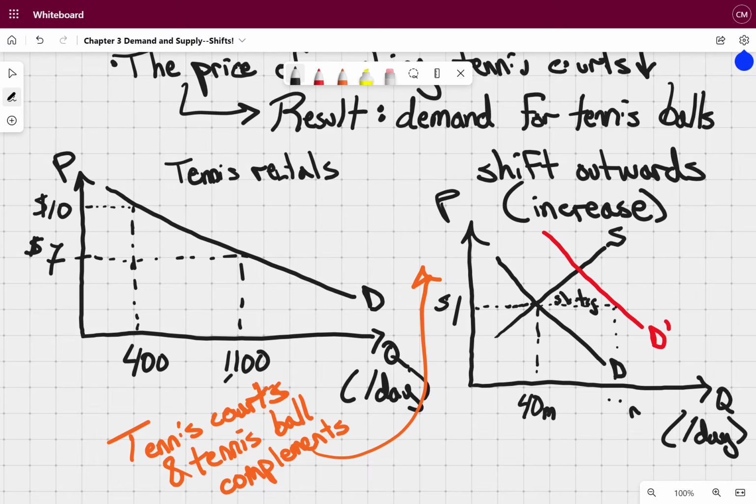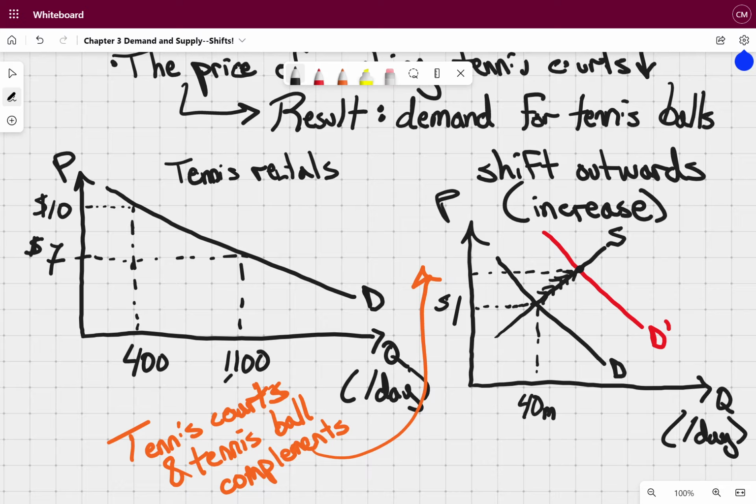But instead of having a shortage, what's going to happen is we're going to move along that supply curve until we find the new equilibrium point where every quantity that's demanded is supplied, and everything that is supplied is purchased.